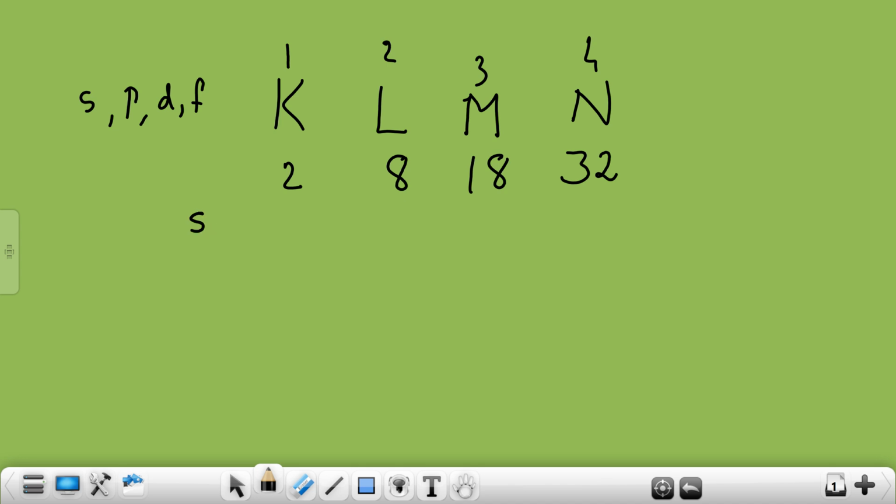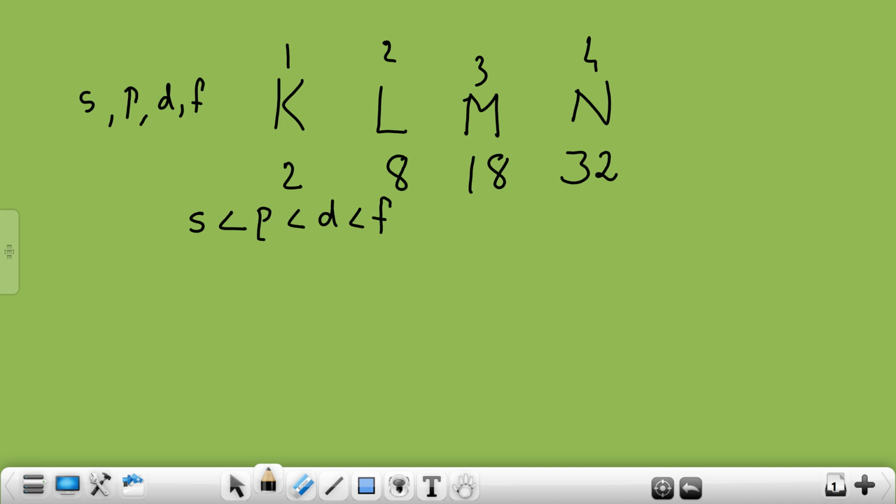In the same way, the lowest energy level is s, then next comes p, then d and f. So first electron goes to s. After filling s subshell, electron goes to p subshell. After filling p subshell, electron goes to d subshell, and then finally up to f.